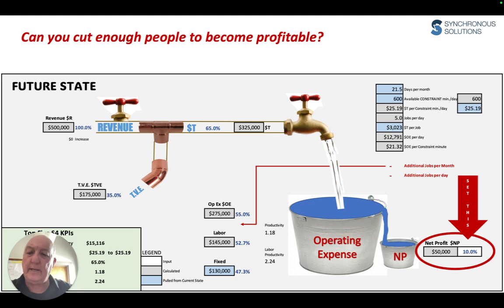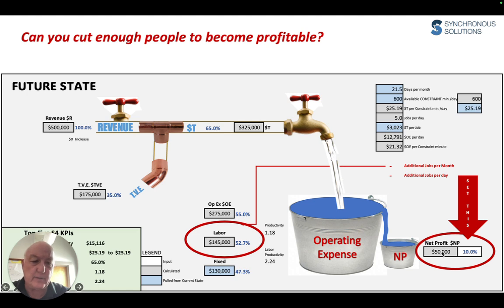All right. So let's look at the idea of reducing the labor bucket to make some money here. Let's drive ourselves to the minimum net profit that we consider to be a viable business. That's 10%. If you have 500,000 in revenue, that would put us at 50,000 in net profit. If this were the case, you would have to reduce your labor.